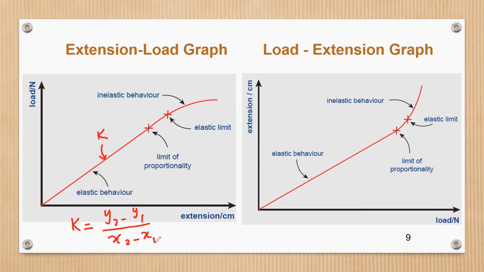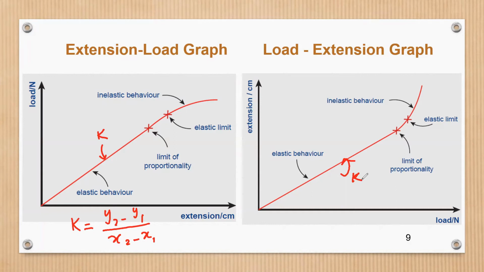But in case of an extension load graph, the load is given on the x-axis and extension is given on the y-axis. In that case, the value of K is the inverse of the gradient.